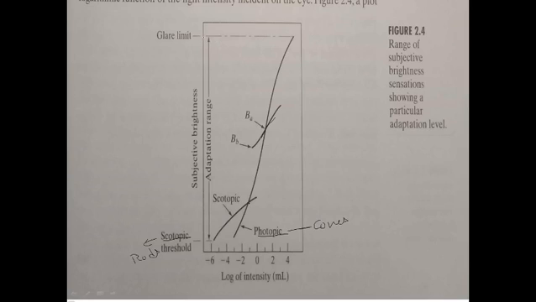The higher threshold is called the glare limit. Again, in the darkness there will be some limit. Beyond this level you will not be able to see even in the darkness. So this is the brightness adaptation which will be done by the human eye. Clear with this?